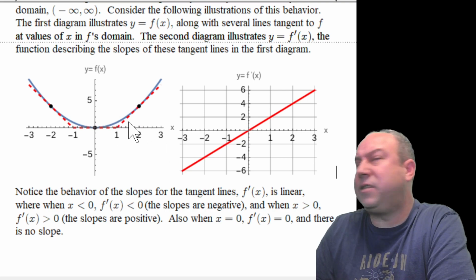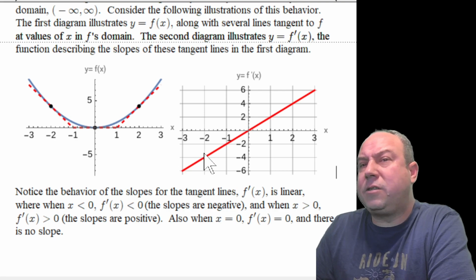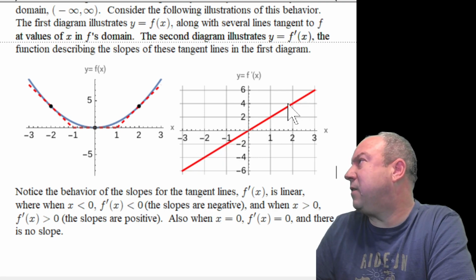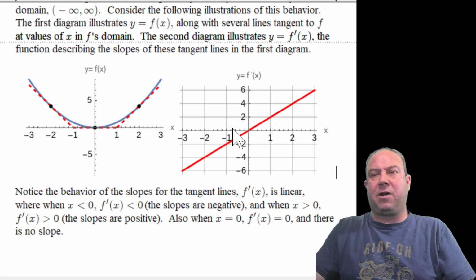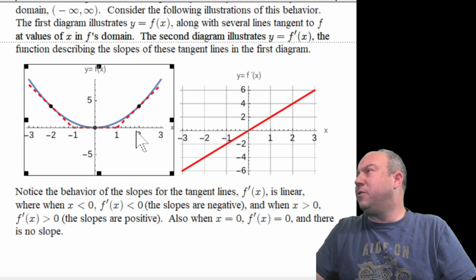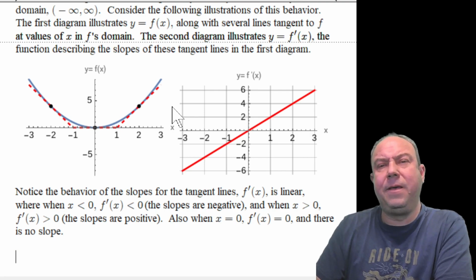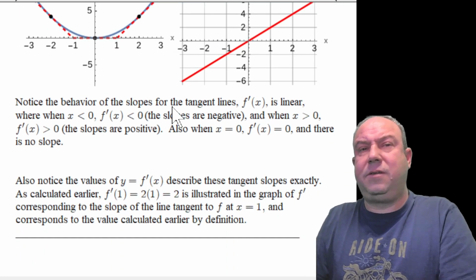The slopes of the lines tangent to the curve are illustrated at locations along this curve for f prime of x, where we see negative slopes when x is less than 0, positive slopes when x is greater than 0, and the value is 0 itself at 0. This graph is highlighting the slopes tangent to the curve seen in this graph.